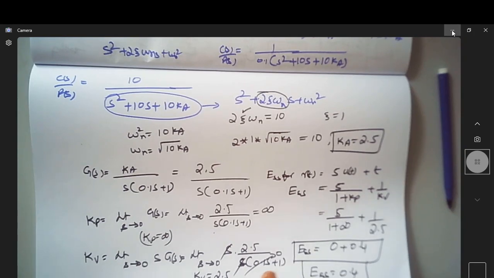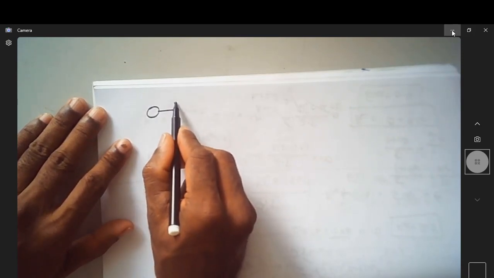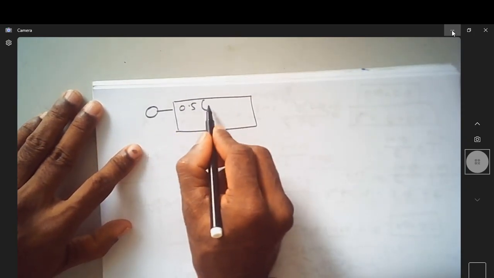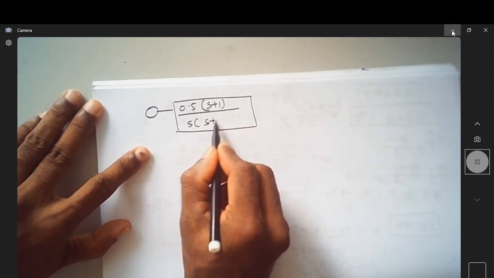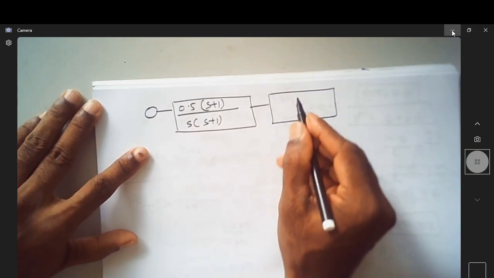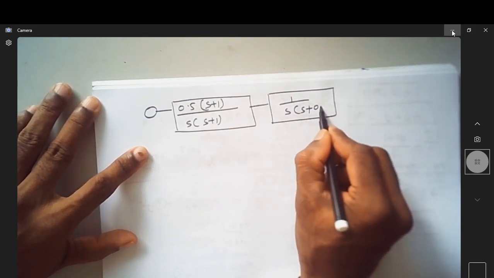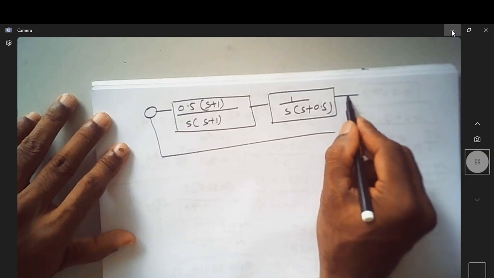So let us find it for one more problem. This is my system having a block which is (0.5 s plus 1) divided by s into (s plus 1), and I have one more block which is 1 over s into (s plus 0.5), and I have a unity feedback system.